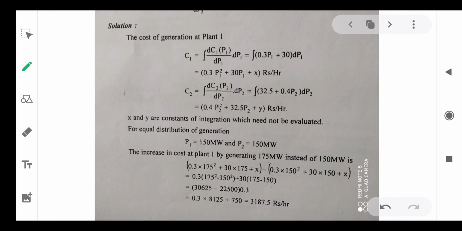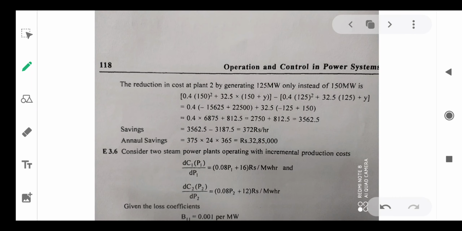So when it is operating as 175, 150, the difference is obtained. Here 150 and 150 are used, 150 and 125.